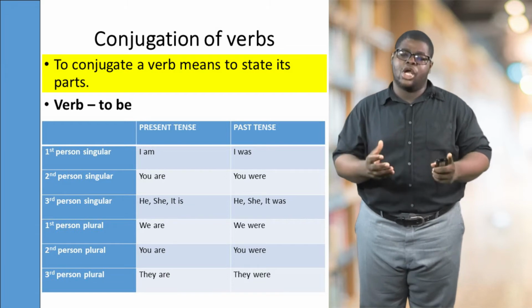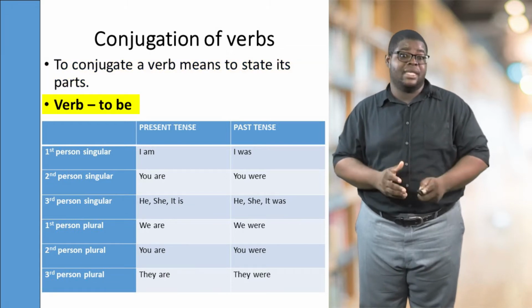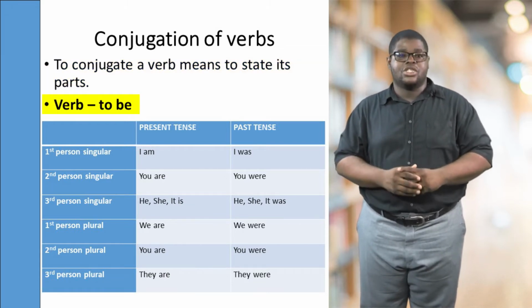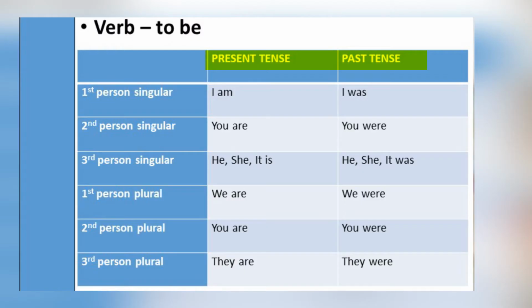Now let's look at the conjugation of the verb to be. Are you ready? So we have present tense, past tense, and then we're going to go through the varieties. We have the first person singular. I am, past tense, I was. Second person singular. You are, past tense, you were. Third person singular.